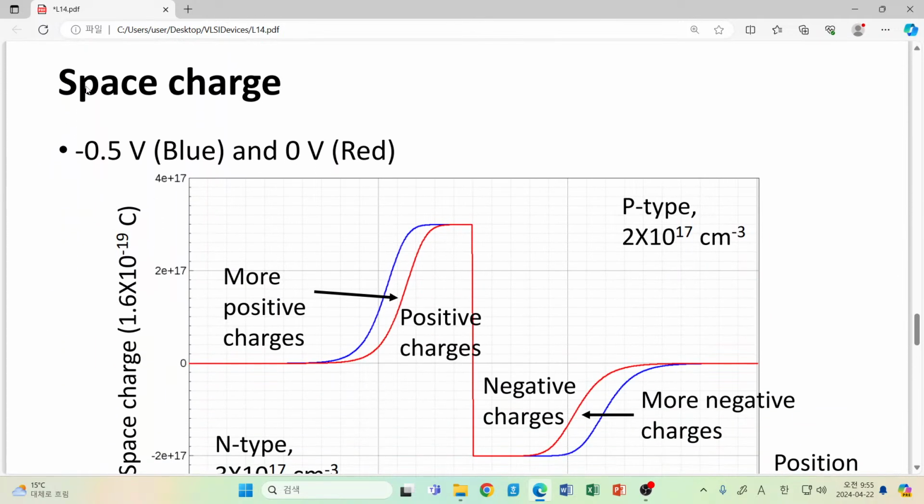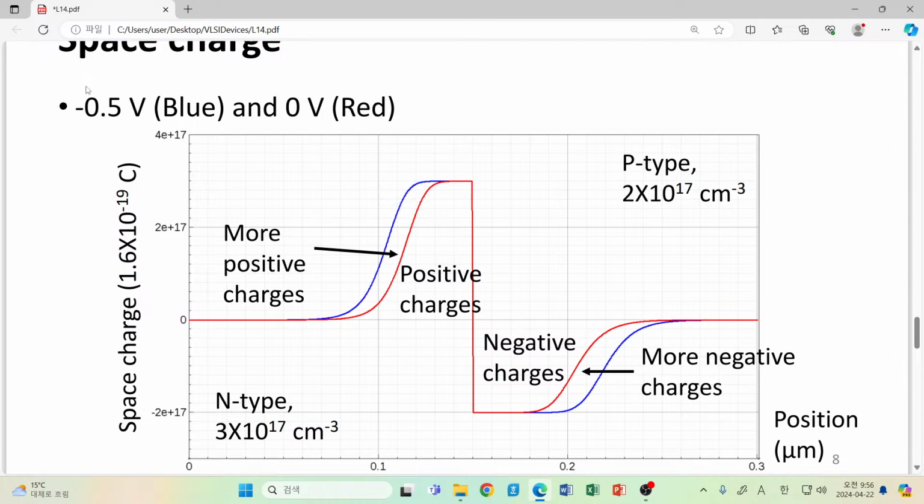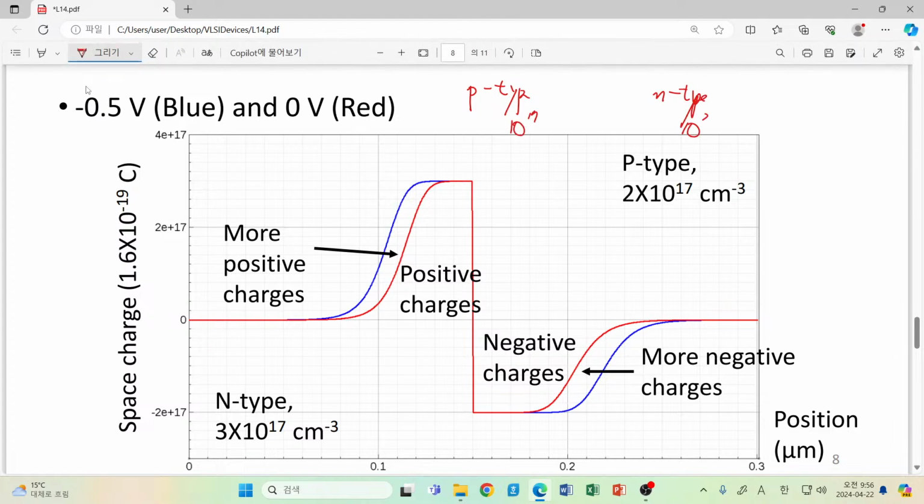Now, first of all, sorry about these graphs. Usually, up to now, I have introduced examples like p-type and n-type placed here, with densities of 10 to the 17 and 10 to the 20.